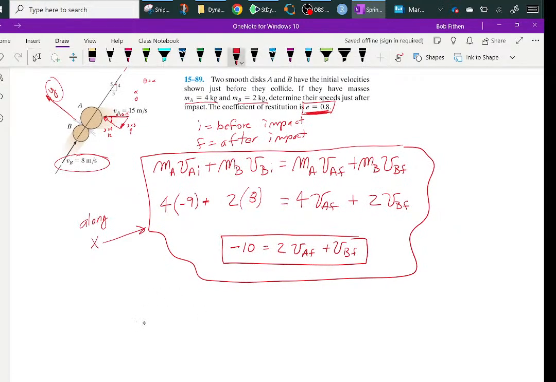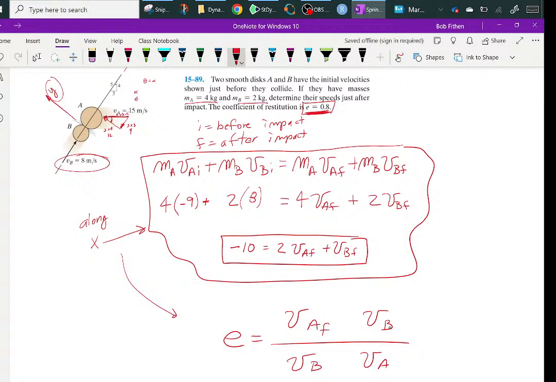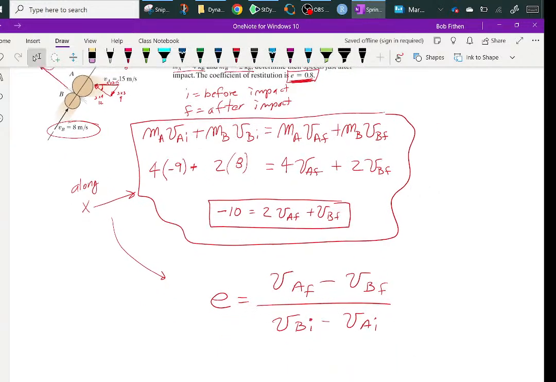So now, along the X direction as well, I can use a coefficient of restitution. These are labeled as A and B. And so they're sitting here like this.